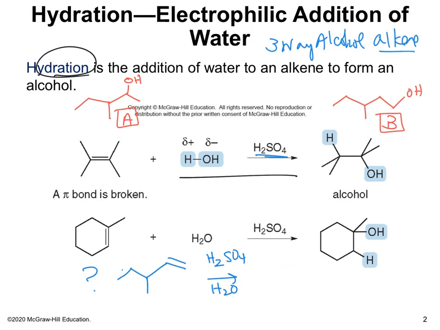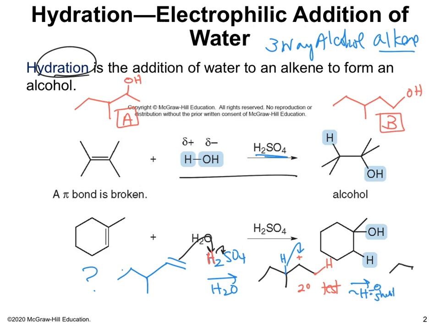Well, let's see. So this gets protonated, because that's the first thing that's going to happen with the acid. You're going to protonate it, and that strong proton will protonate that carbon and give you the secondary carbocation. So you've got to do the carbocation test. Do you see that if you do a hydride shift, you get rearrangements.